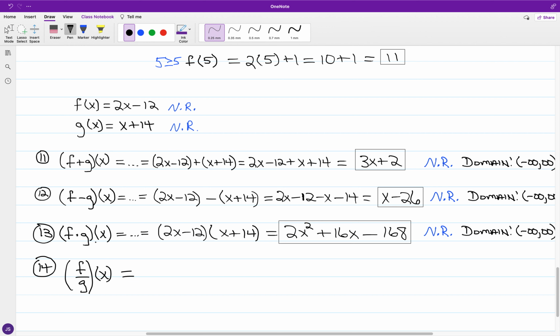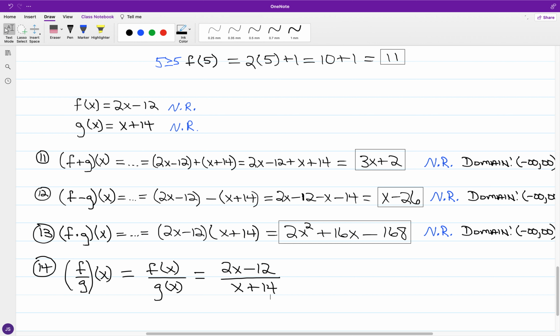Okay, so while we can have g of x to be any positive, negative, or 0 value in the sum, difference, and product functions, it is with the constraint that you cannot have a 0 denominator in a fraction. Again, while g of x can be 0 in the sum, difference, and product functions, it cannot be 0 in the denominator. So for f over g of x, we have f of x over g of x, and for the functions, okay, we have 2x minus 12 all over x plus 14.